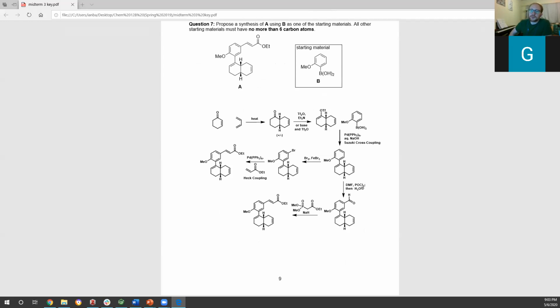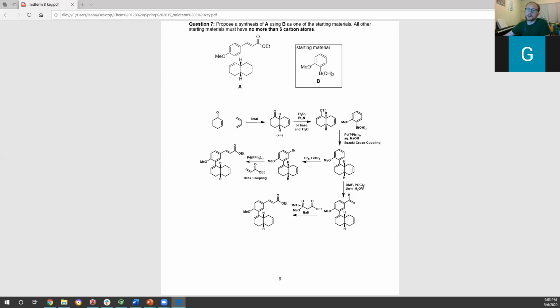So the best answer is what I've shown here, which forges the 6-membered ring through a normal electron demand, matched Diels-Alder reaction with this E known as the dienophile. Many people took some sort of vinyl halide like this and cross-coupled it and then tried to do the Diels-Alder reaction.